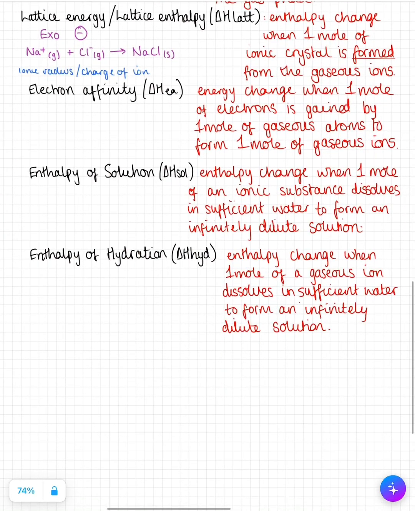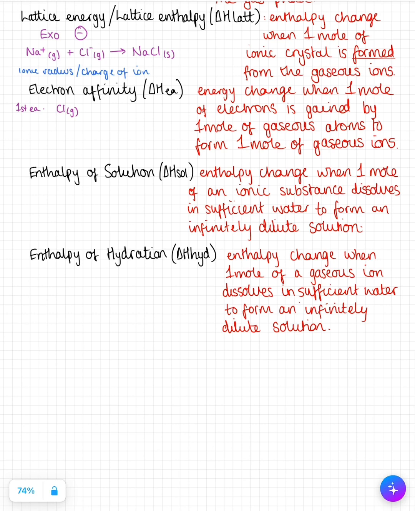Electron affinity. The electron affinity is the energy change when 1 mole of electrons is gained by 1 mole of gaseous atoms to form 1 mole of gaseous ions. So let's look at our first electron affinity for chlorine.